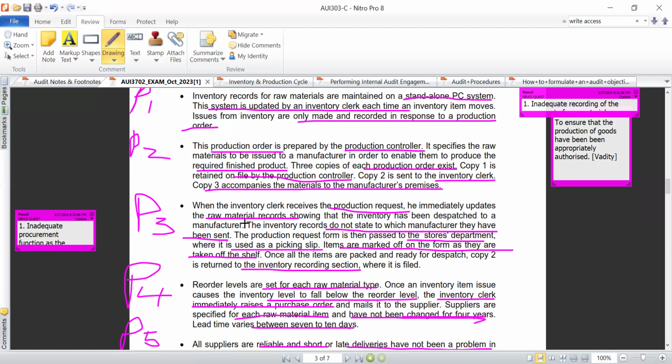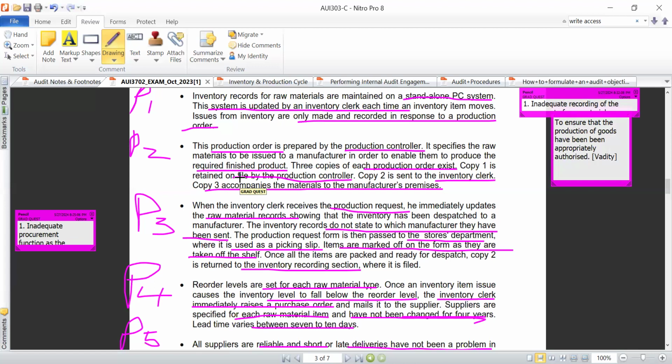So the use of this production request is to ensure that the movement of raw materials to production is appropriately recorded, or appropriately authorized anyways, because the production request is the one that authorizes movement of inventory. Otherwise, if there's no production request, no movement of inventory should take place from the storage to the production department. Now, okay, so that's already an audit objective from that.